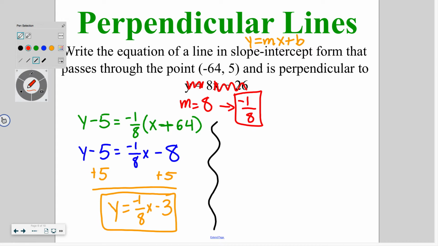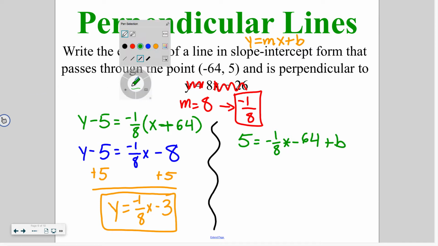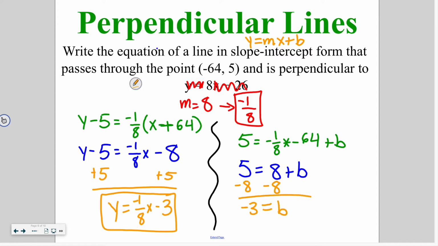Using the solving for b method, I'm going to start by saying 5 is equal to -1/8 times -64 plus b. When I do that multiplication, I'm going to get 5 is equal to 8 plus b. To solve for b, I'm going to subtract 8 from both sides, giving me -3 is equal to b.